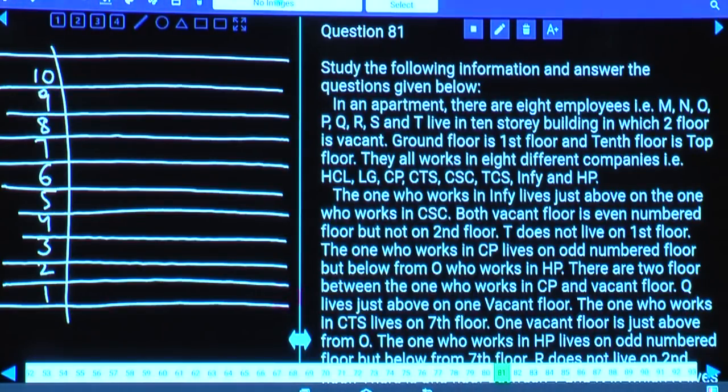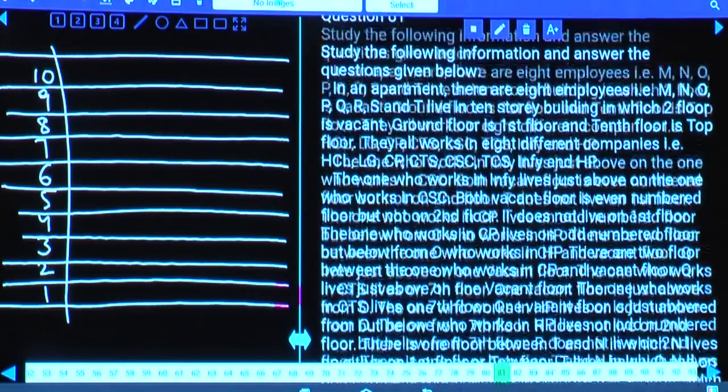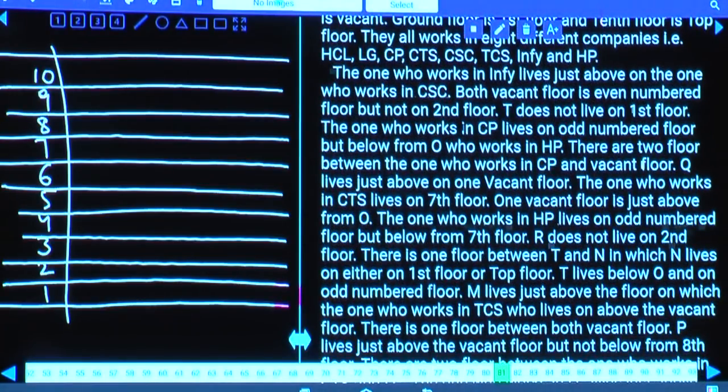The one who works in Infosys lives just above the one who works in CSC, isn't it? Both vacant floors are even number floors, but not floor number 4 and not floor number 2. Hence, vacant floors can be 4, 6, or 6, 8, or 4, 8, isn't it? And T does not live on the first floor.